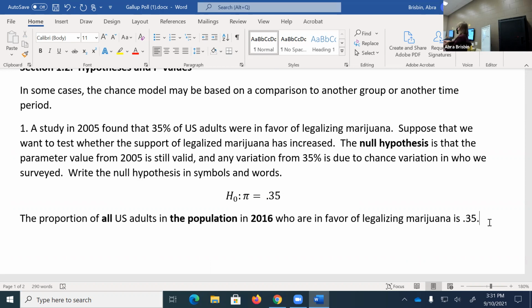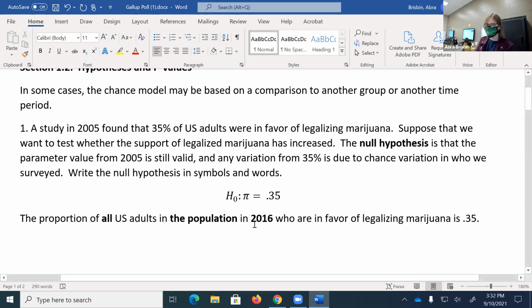It's not just about the one sample that we took, it's about the whole population. And then the in 2016 is a keyword for this problem to help us distinguish between the two years.